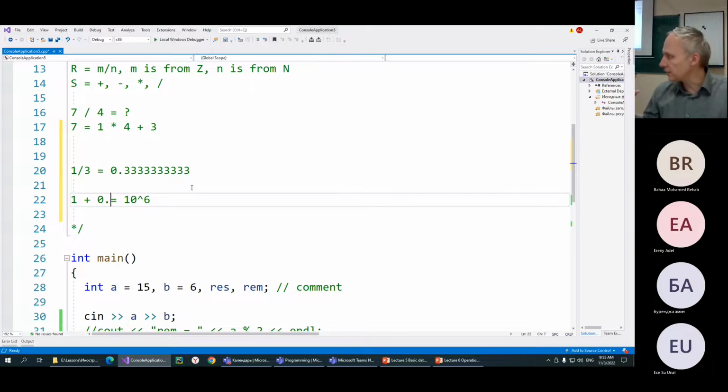Again, seven digits after the decimal point, right? Remember, 1, 2, 3, 4, 5, 6, 7. This is the last digit that can be represented in float. And if you consider, for example, the number 1 plus 1.000001, what will be the result?